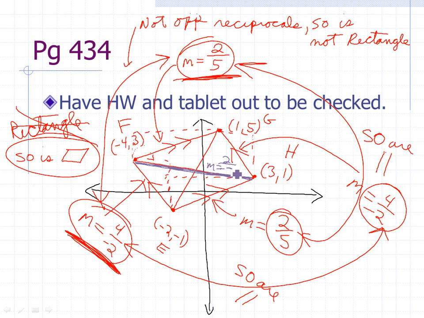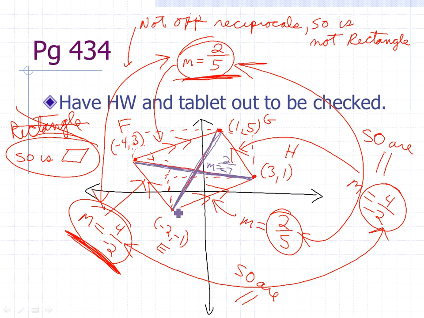So 2 over -7. What should be true about the diagonals if this is a rhombus? What should be true about all these angles? This should be perpendicular. So again, these diagonals should have slopes that are opposite reciprocals of each other.